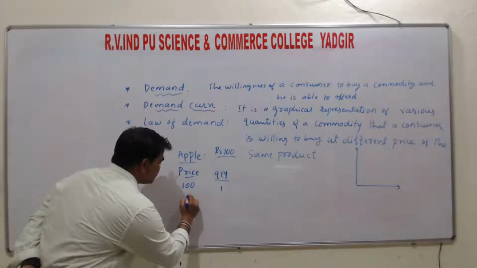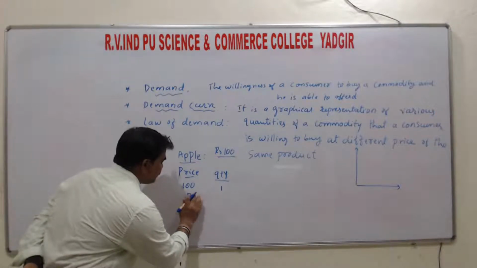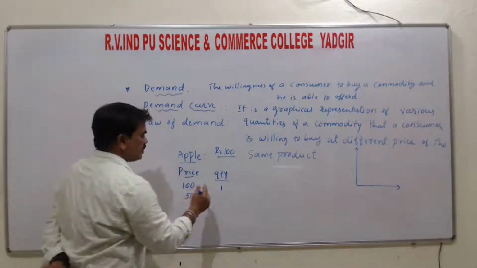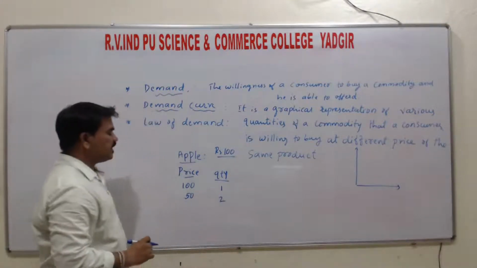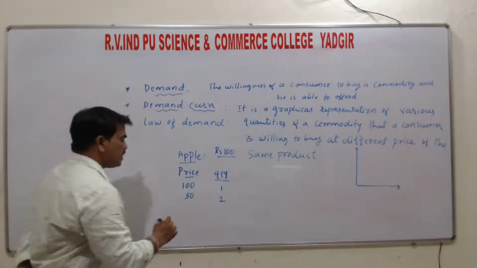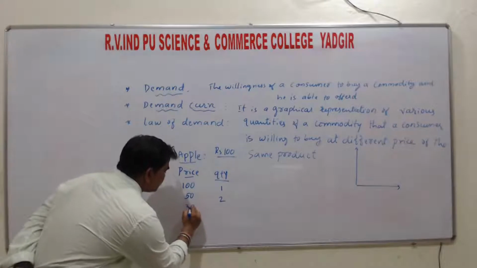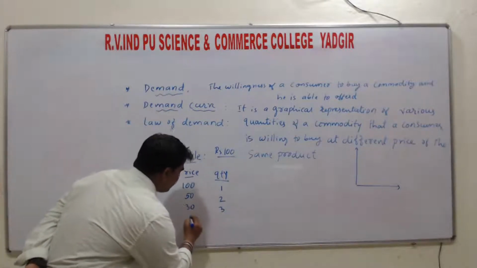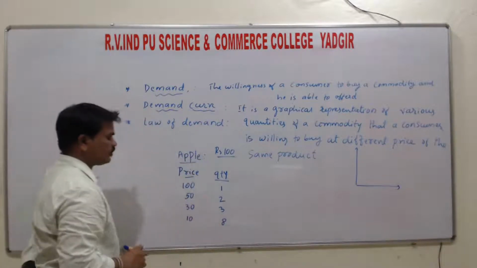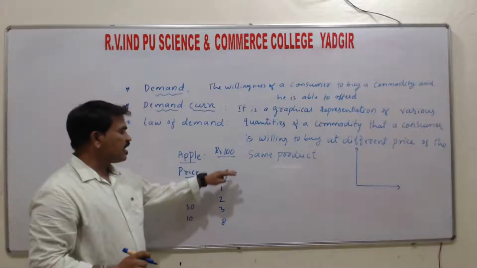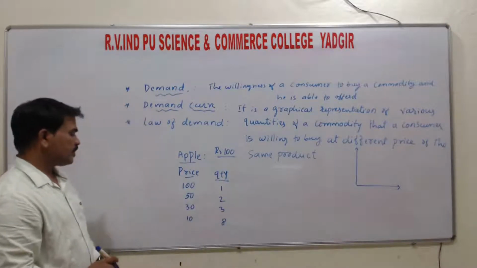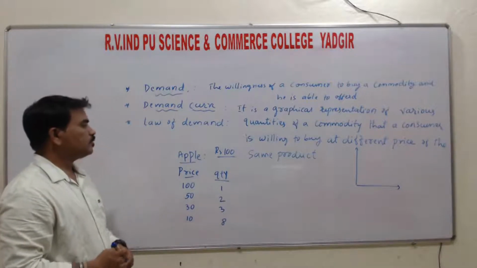So if it is 50 rupees, I can afford two, the willingness here is I can go with 2 apples. If it is 30, I'll buy 3 apples. If it is 10 rupees, I'll buy more in number. I can afford 10, okay, I can buy 10 or 8 if the price is low.